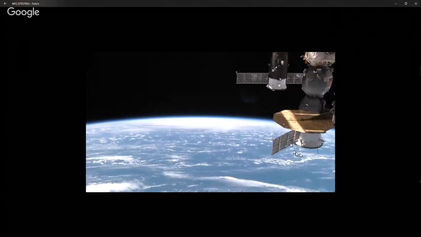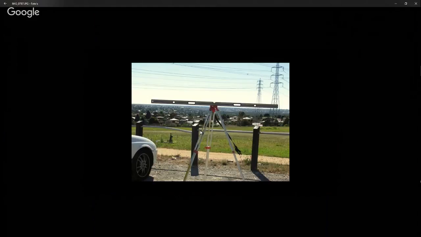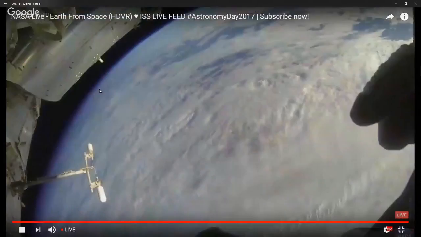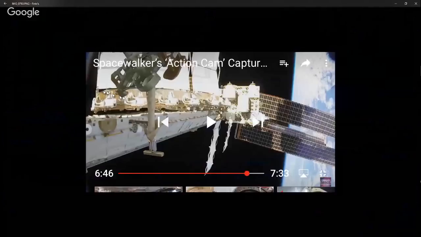I'm not sure if this is the ISS. What else could it be? Because of this weird bend. It's not the same as this, you see? It all gets distorted by that lensing system.